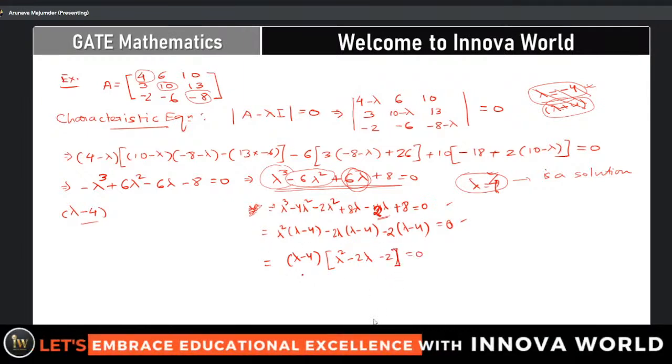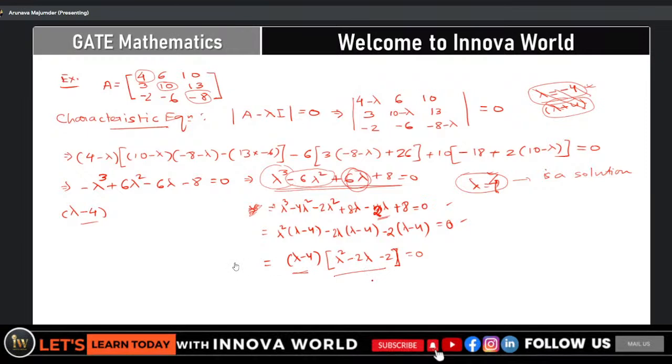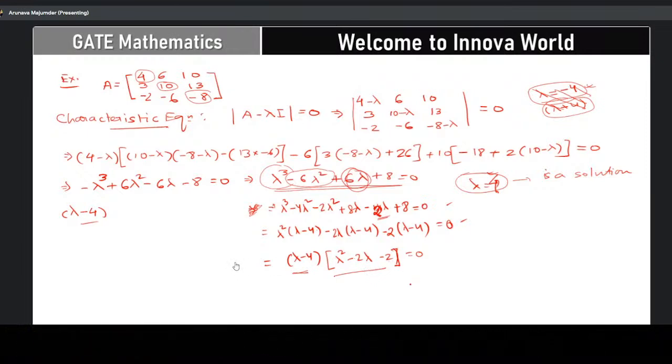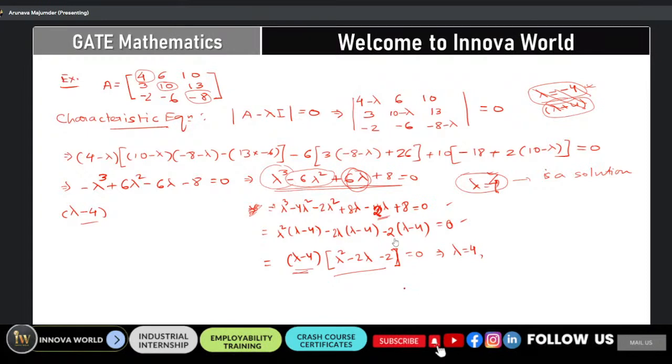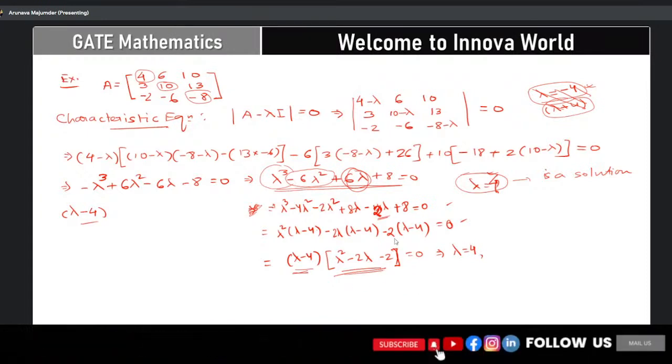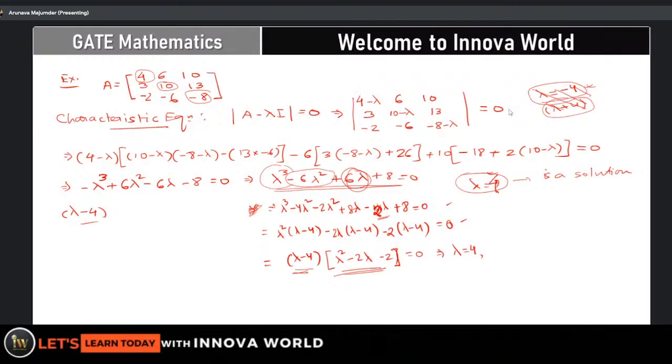Now look at this, we are getting two factors here. First factor is lambda minus 4, second factor is lambda square minus 2 lambda minus 2. The first factor gives lambda equal to 4 as a solution. Now we need to solve lambda square minus 2 lambda minus 2 to find the other two values of lambda.